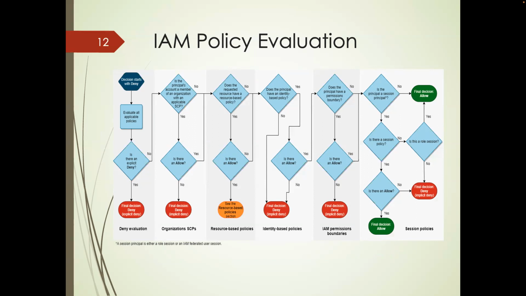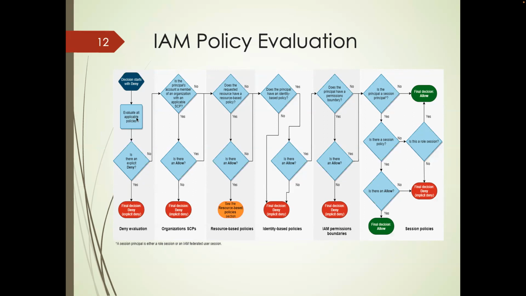When an AWS service receives the request, the AWS enforcement code decides whether the request is allowed or denied. This is typically the summary of the AWS evaluation logic for policies within a single account. Let's talk about how this policy will be evaluated. First, the decision always starts with a deny. That means by default, nothing is allowed.